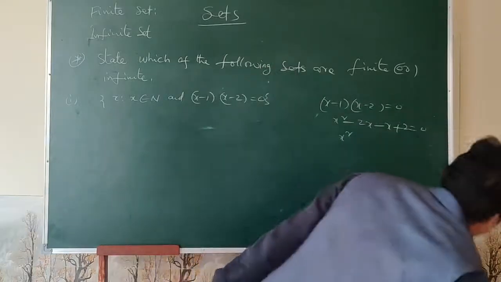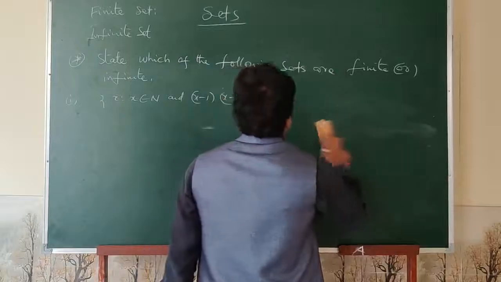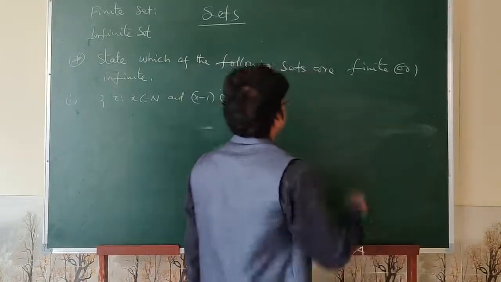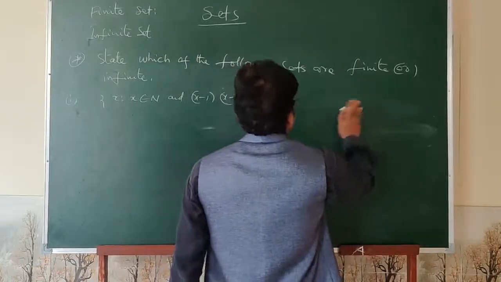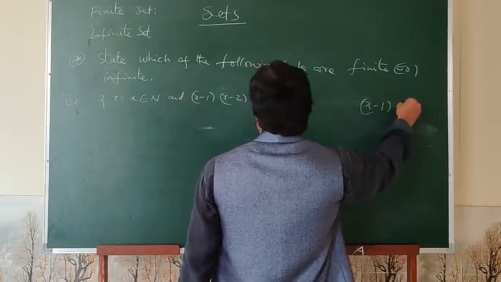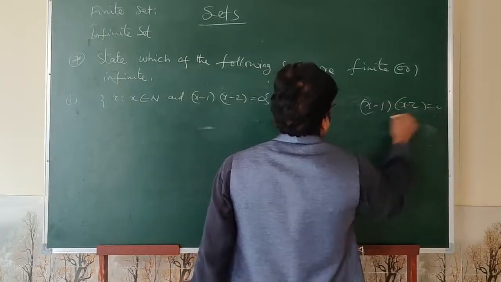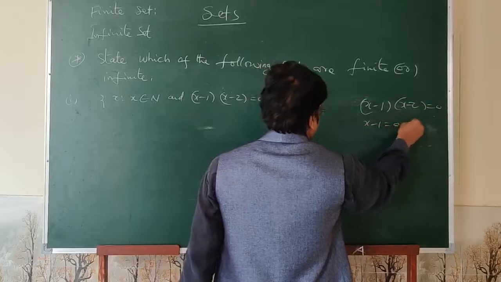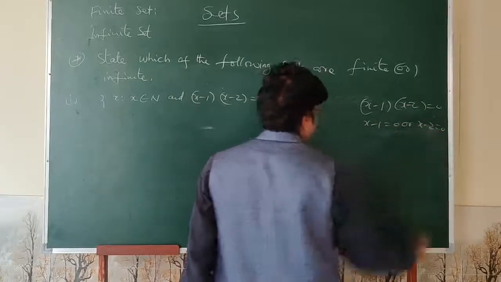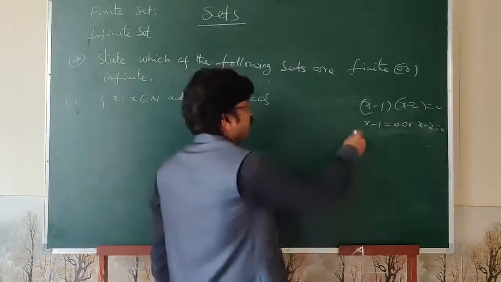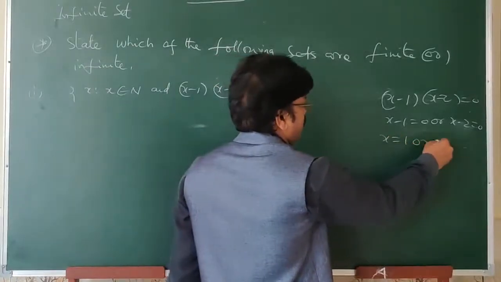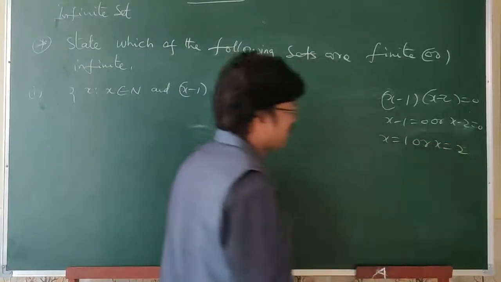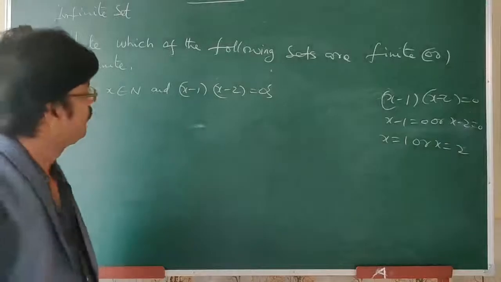Or else, what is the answer here? (x minus 1)(x minus 2) equals 0, so x minus 1 equals 0 or x minus 2 equals 0. x equals 1 or x equals 2.